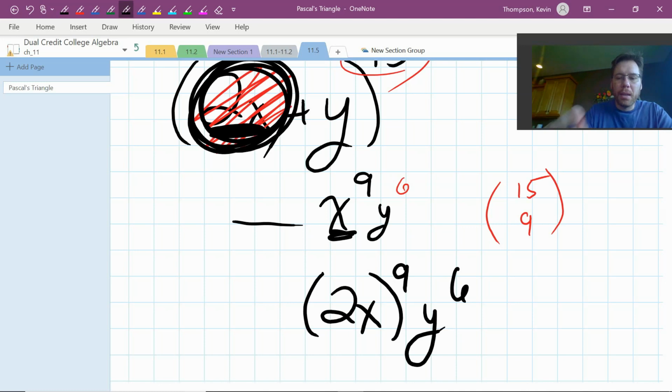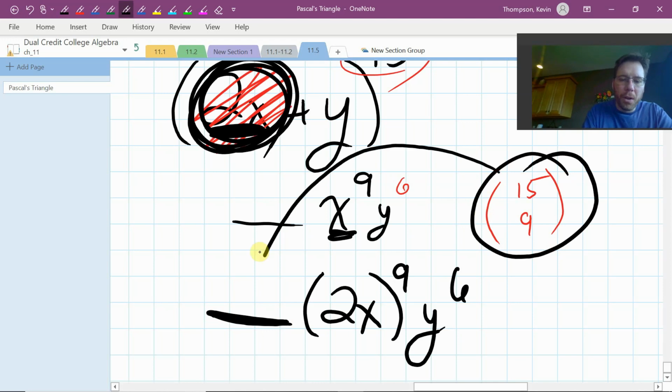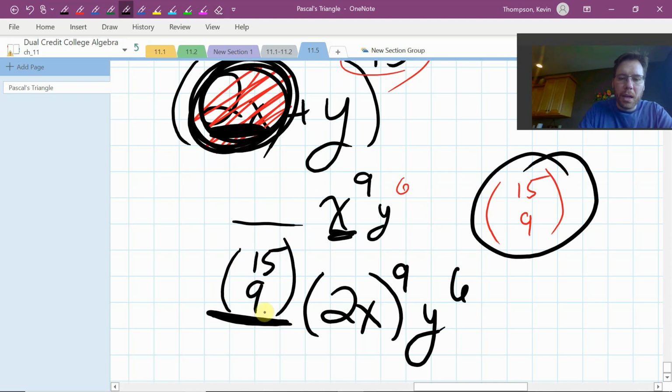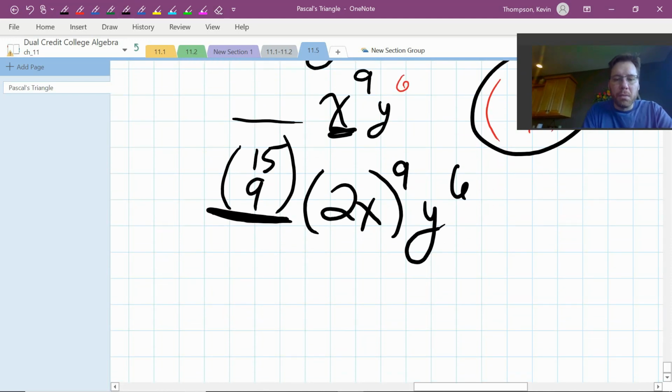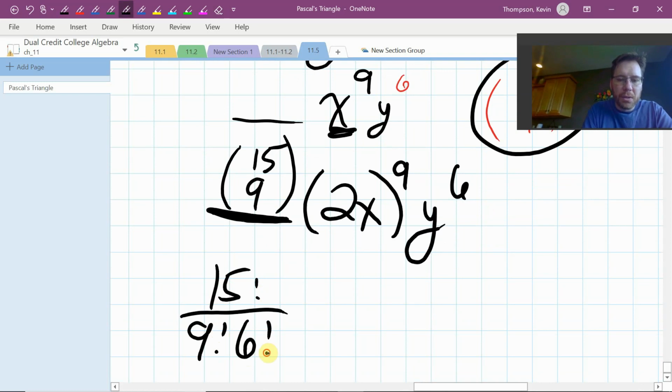Okay, but we also get out in front here the coefficient from Pascal's triangle. So this ends up being 15 choose 9. So 15 factorial over 9 factorial, 6 factorial.